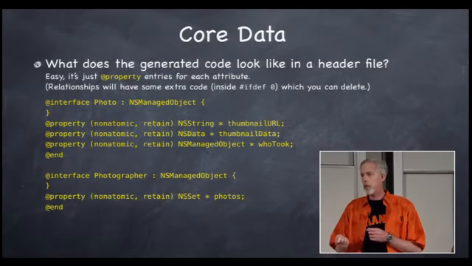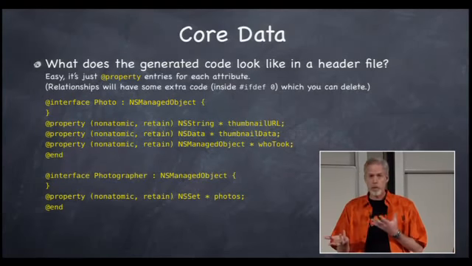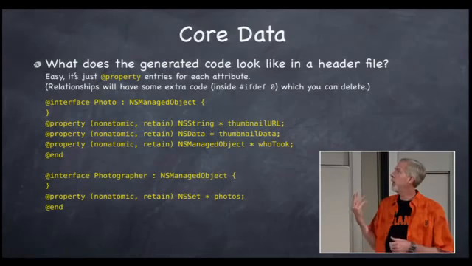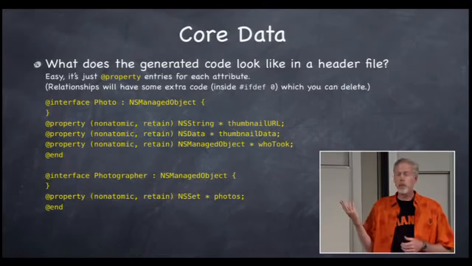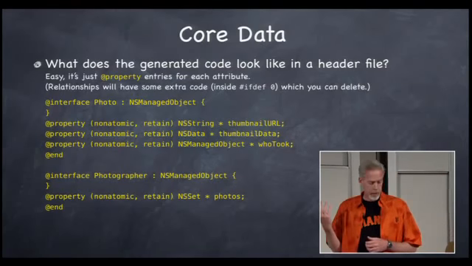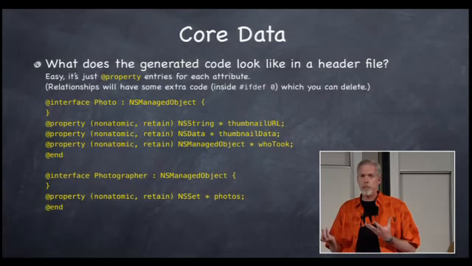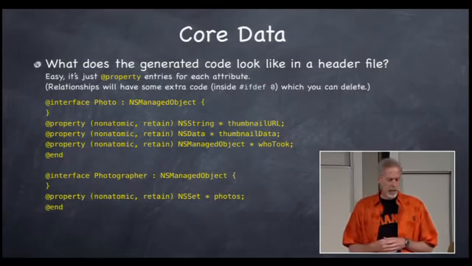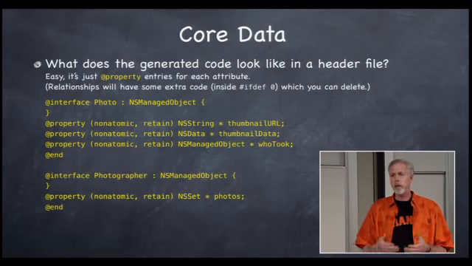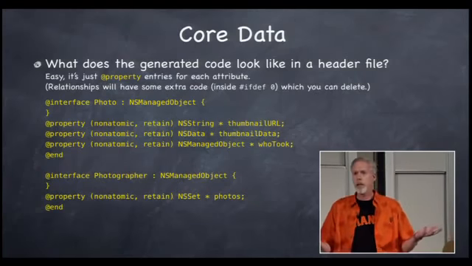It's a relationship to a photographer, so that's going to be an NSManagedObject, which is going to be a Photographer custom subclass in our case. Same thing on the other side, we have Photographer, if you remember that particular entity, and it only had one relationship. Well, actually, I think it might have had a name also, but at the very least it has this relationship photos, which points to all the photos taken by this photographer, and that's just a normal NSSet.